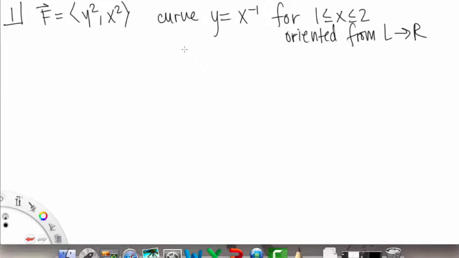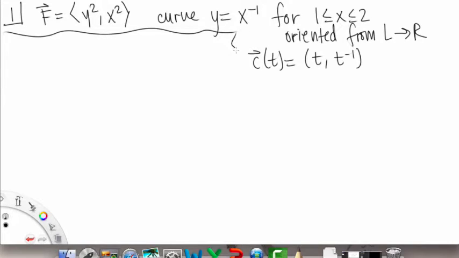They also give us in the problem a parameterization already for this, which is just going to be t comma t to the negative 1. So this is all of our givens.